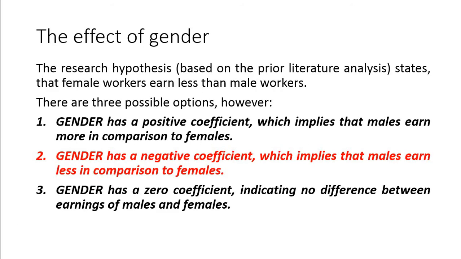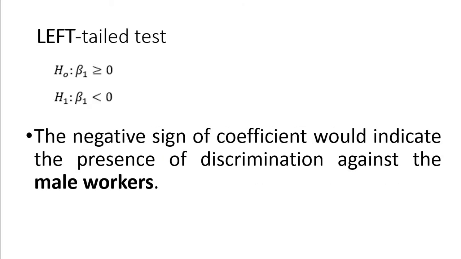Using left-tailed test, we will be able to verify whether the following statement is true. Gender has a negative coefficient, which implies that males earn less in comparison to females. So, if we manage to reject zero hypothesis under left-tailed test in favor for the alternative hypothesis, then this statement is true.